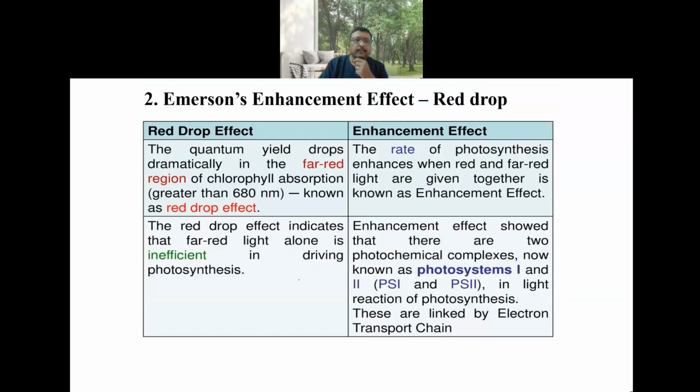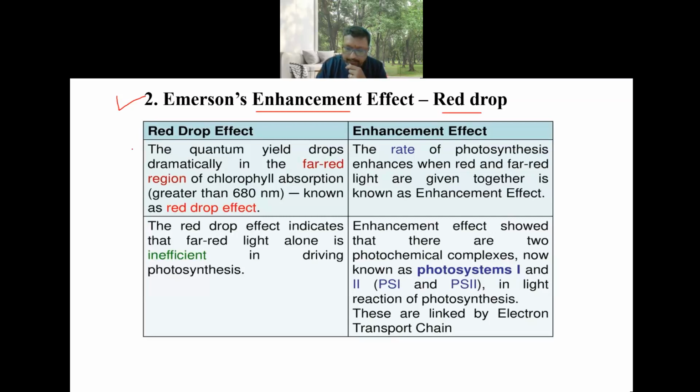The second thing is Emerson's enhancement effect, along with the red drop. Robert Emerson in 1950, from the University of Illinois, USA, used Chlorella, a unicellular green alga, for his experiment and observed that red light of wavelength longer than 680 nm lowers the rate of photosynthesis.